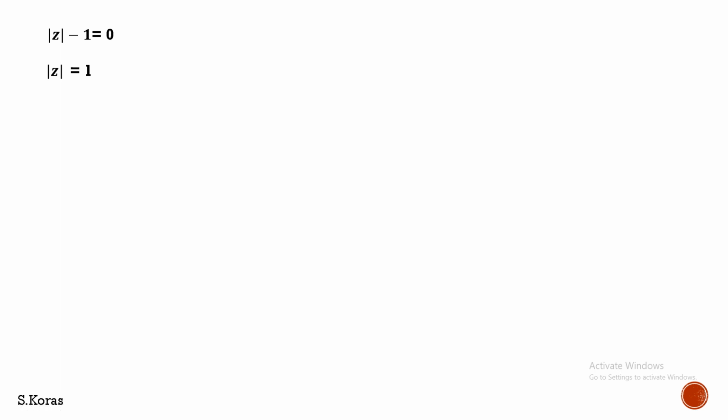Let us try to square both sides because we want to bring z bar back again. So if we square it, modulus of z square is equal to 1 square, that is equal to 1. You know this property, modulus of z square can be written as z into z bar. So instead of modulus of z square, we can write z into z bar.